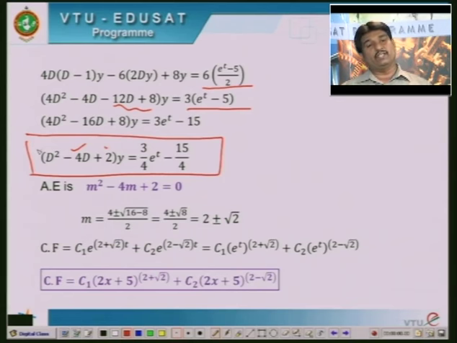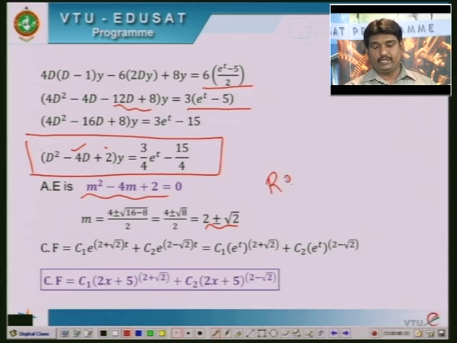As you know, CF is the solution of the homogeneous part of the differential equation. So consider the auxiliary equation, m² − 4m + 2 = 0. You find its roots, which are 2 ± √2. So the roots are real and distinct.